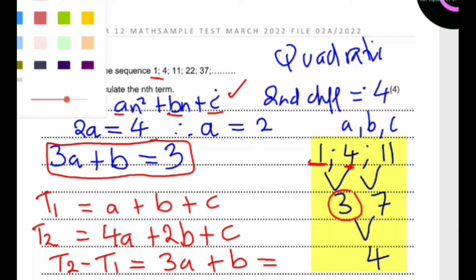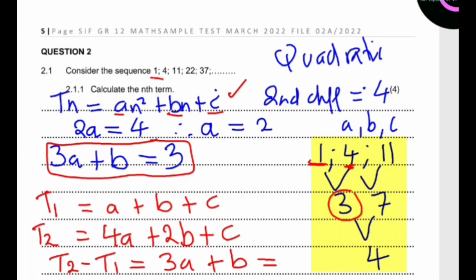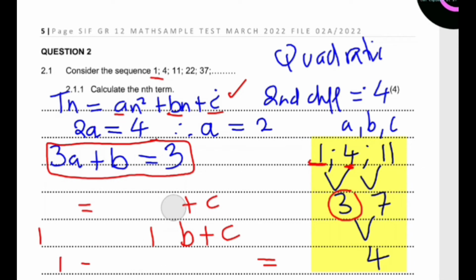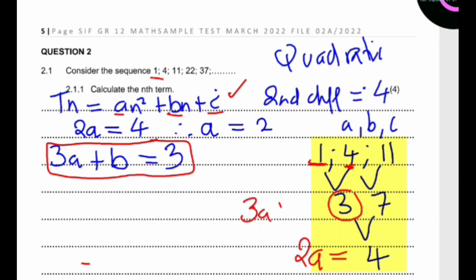And then on the side, you can say, well, I know that 2a is equal to 4, and then I'm going to say that 3a plus b is equal to 3, and then a plus b plus c is equal to 1.